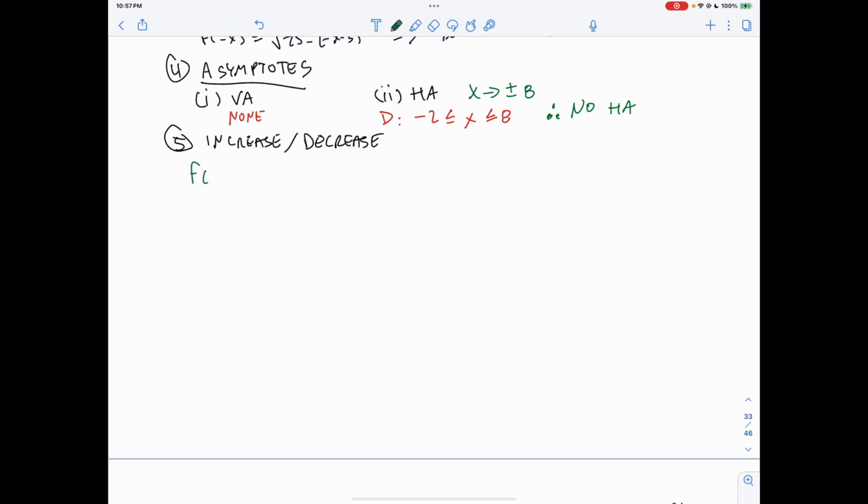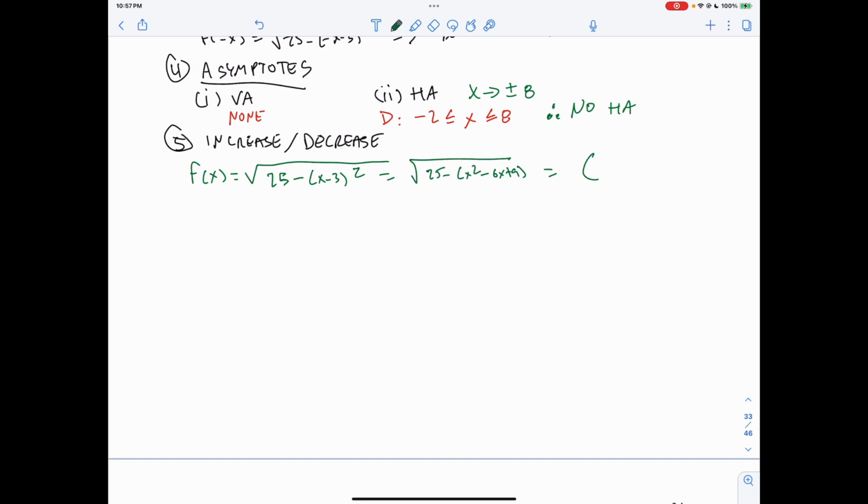If f of x is equal to the square root of 25 minus (x minus 3) squared, then it's going to equal the square root of 25 minus (x squared minus 6x plus 9).